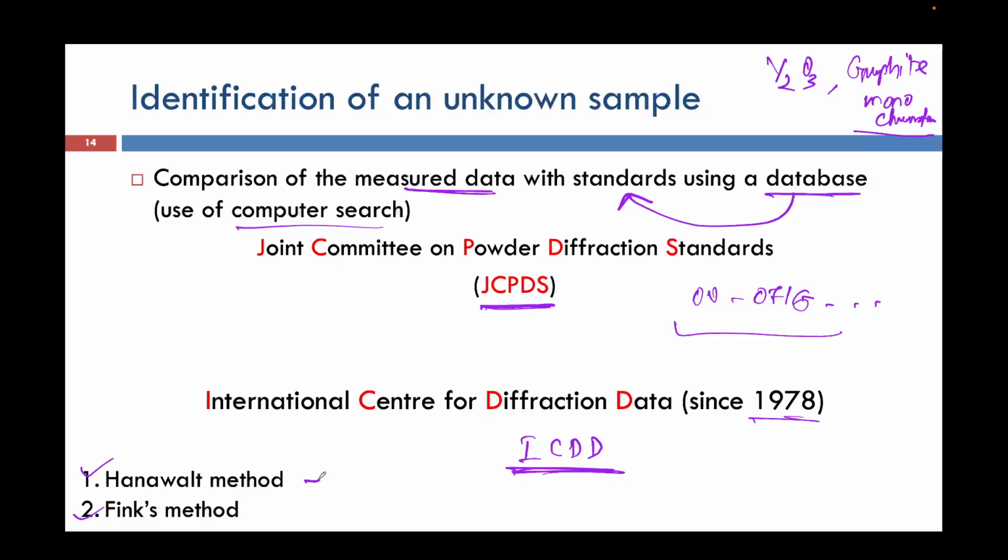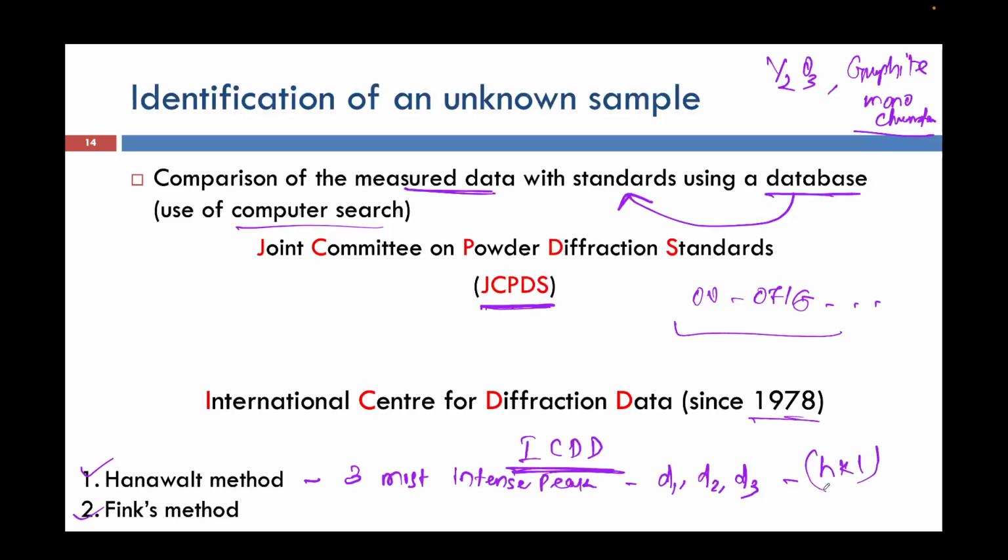It tells us that you use the three most intense peaks. You index the three most intense peaks and calculate their D1, D2 and D3 where they are situated, and accordingly you calculate the HKL value.